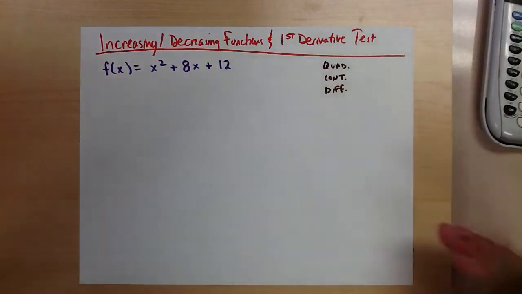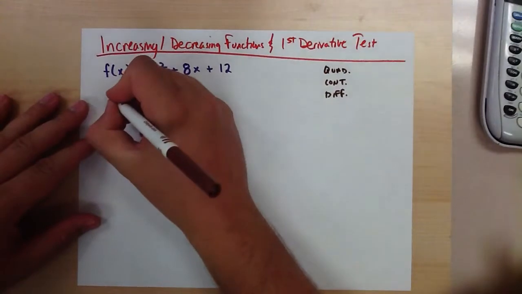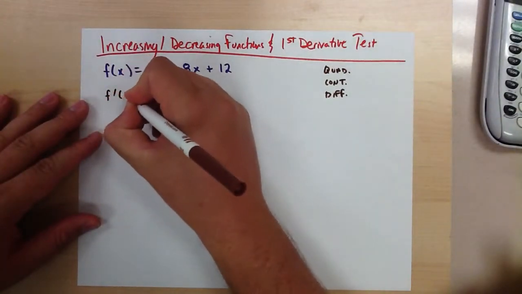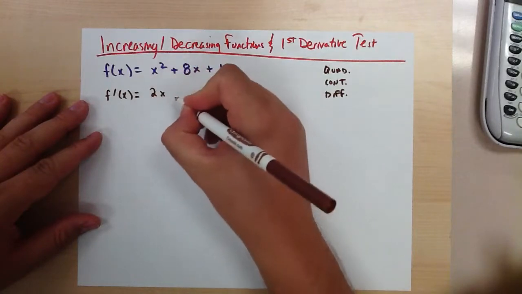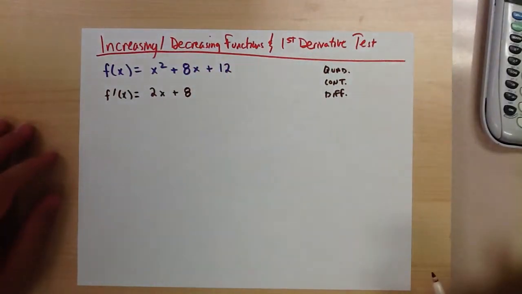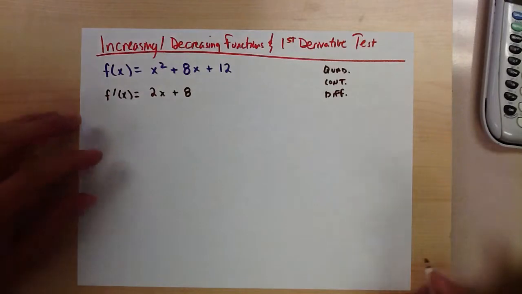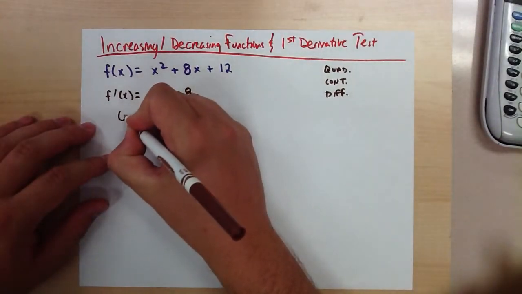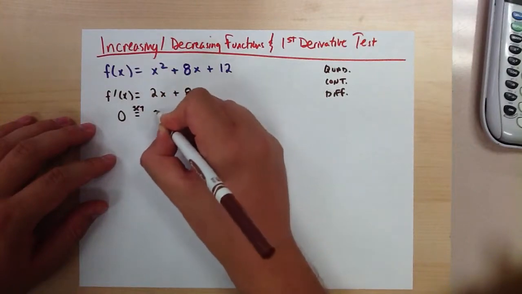Now, some of this looks familiar because you've done these with the extreme value theorem questions. So what we're going to do is take the derivative, f prime of x, and that's 2x plus 8. And we're going to set that equal to 0, okay?